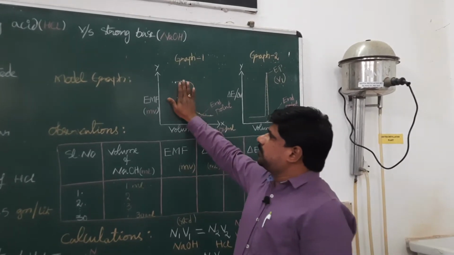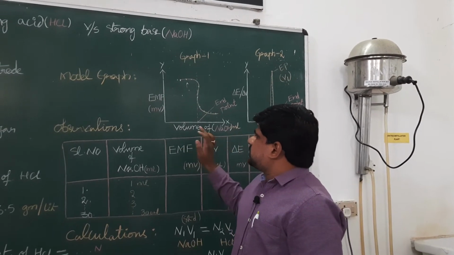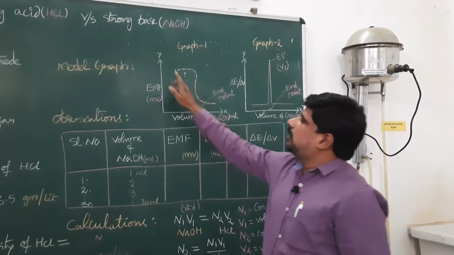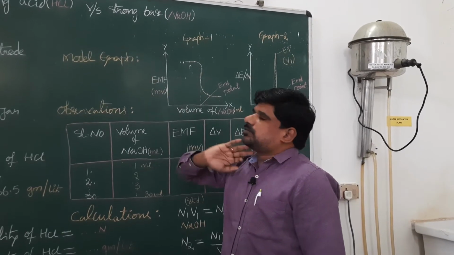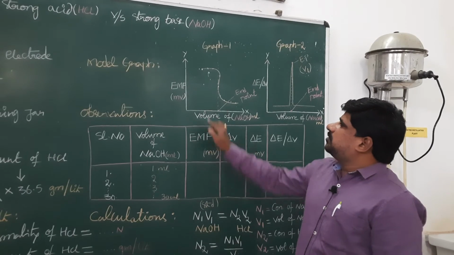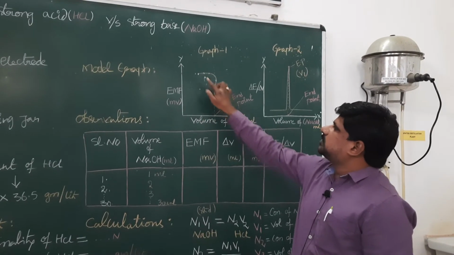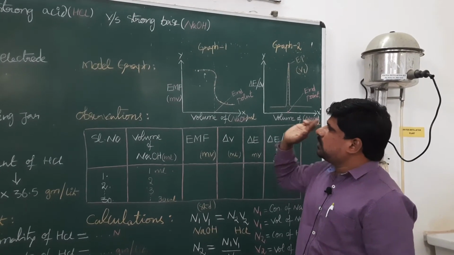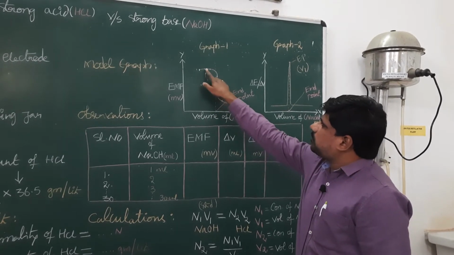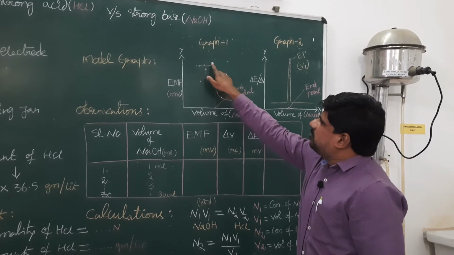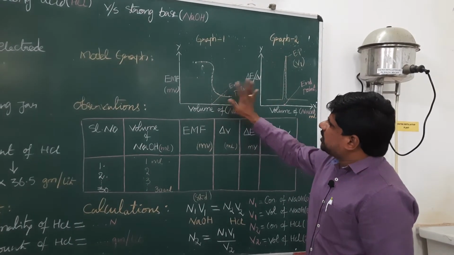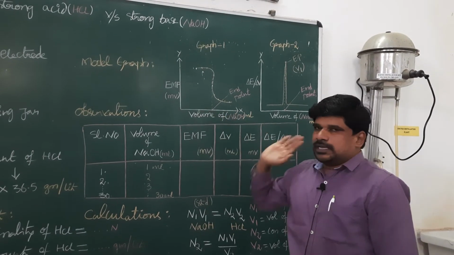In graph 1, on the x-axis we take the volume of sodium hydroxide in ml, and on the y-axis we take the EMF value in millivolts. We get a graph like this, called a sigmoid graph. At the end point, a sharp drop in the EMF value is noticed in the graph. That value is nothing but the end point of our experiment.